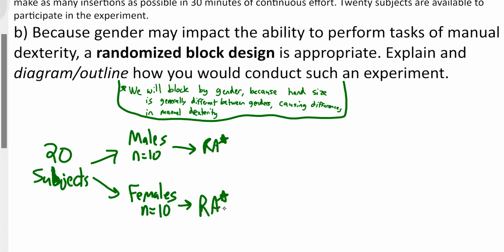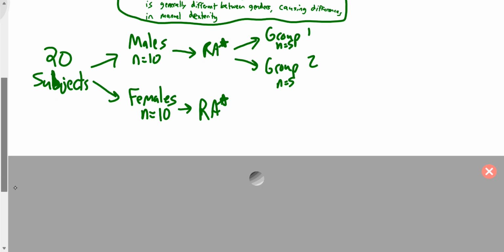And then we're going to divide them into groups. It looks like we're going to have 5 in each. But we're going to do the same thing with females. So maybe better with different colors, but I'm dividing those up as well. Those are my group 1 and 2 for each of those. N equals 5, N equals 5.